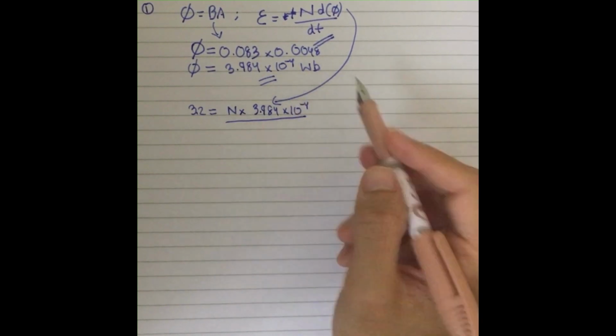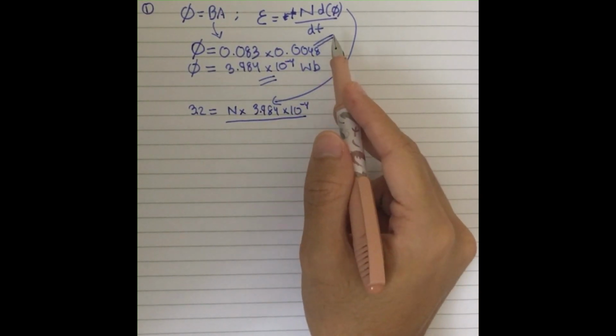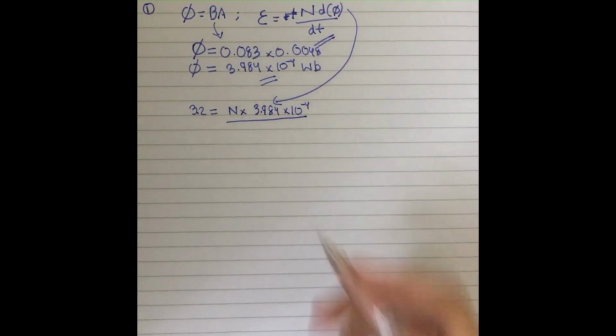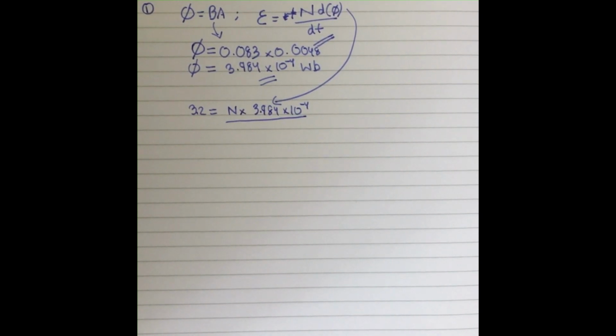So now we have the time. The main thing is it only turned 90 degrees out of the 360 degrees, because we have taken the average of it.